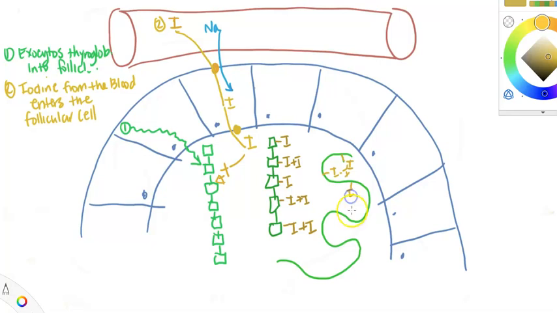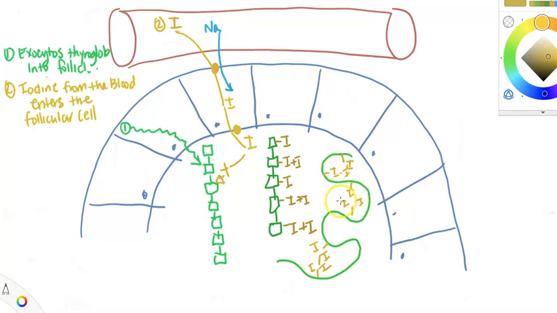Or a one, see, a one and a two will link. Or a two and a two. So it basically links up to make three iodines that are linked together, or 4 iodines that are linked together along this strand of tyrosines, or this strand of thyroglobulin that is just sort of twisted around there.